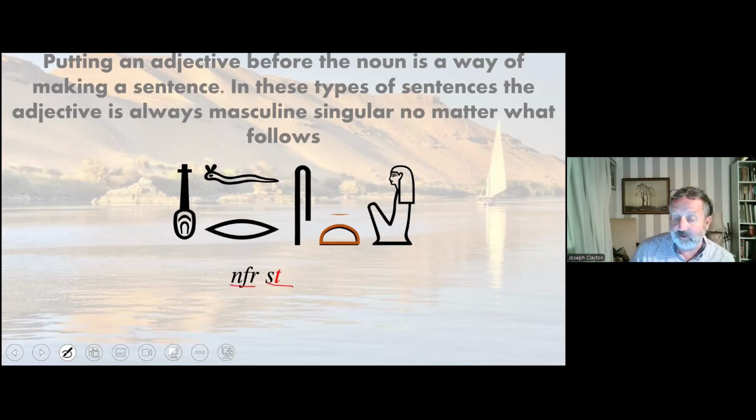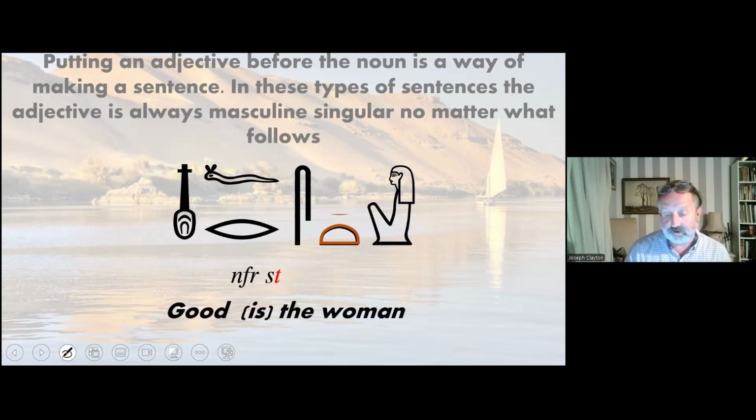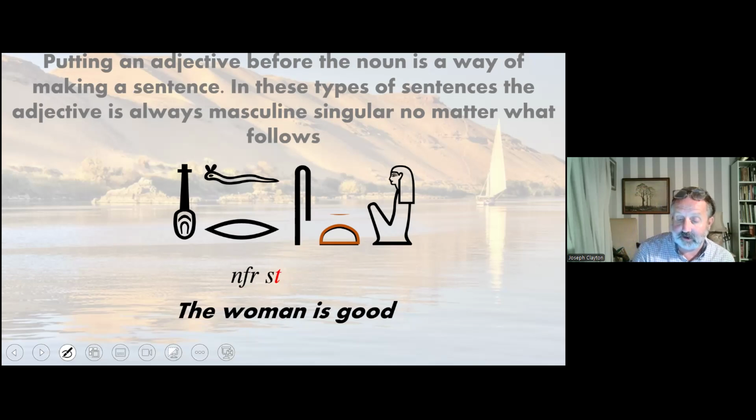So we've got it the other way around. Notice here, there is no T on nefer, is there? No T on nefer. So what we've got is good woman. So good is the woman. Okay? Which in English is the woman is good. This is the thing to note, that the adjective here goes before and it doesn't agree. Okay? That's the thing to remember, to do it that way around.